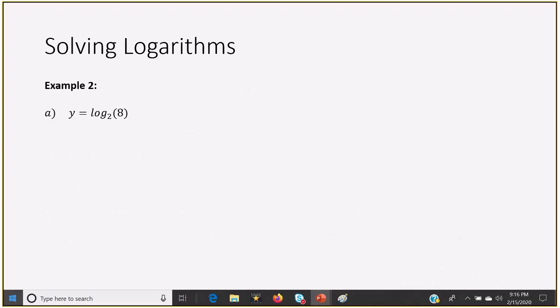Now, let's get into actually solving a logarithm. We're outside of the translations. Translations are cool and helpful, but they're just a part of the process. So in this case, I'm actually going to find what log base 2 of 8 is. I want to solve for y. As I mentioned at the beginning of the section, logarithms are quite terrifying to people.